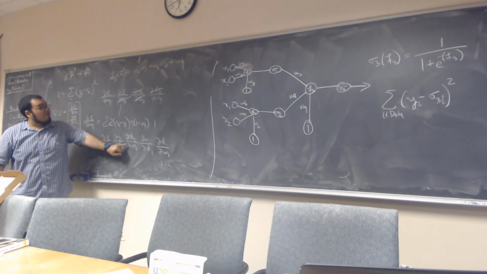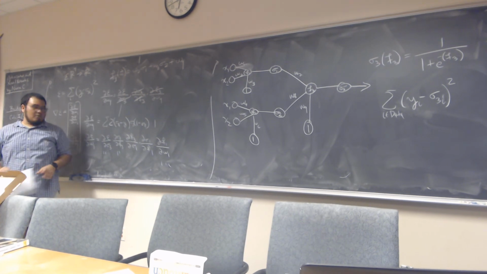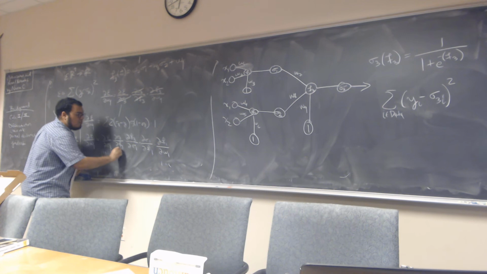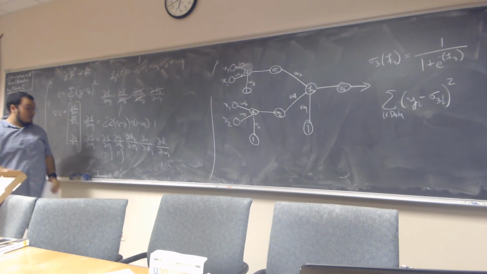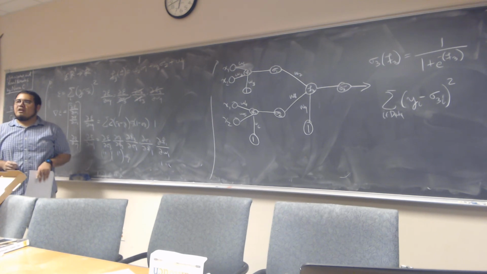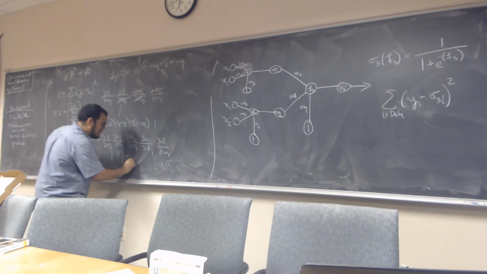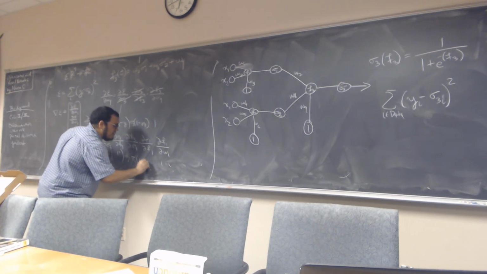Now, the derivative of f3 with respect to sigma 1, what's that? W7. Yeah, weight 7, right? Derivative of sigma 1 with respect to f1? It's sigma 1, 1 minus sigma 1.